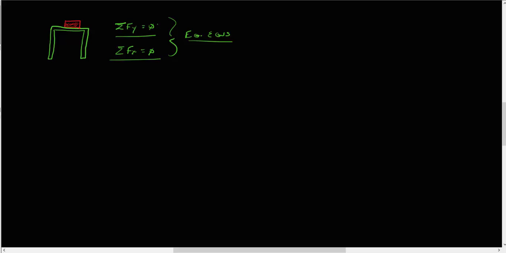So let's come in and say I've got some type of object, and I have these forces acting on this object, whether it's 3 people pushing on a ball or something, and everything is in equilibrium.